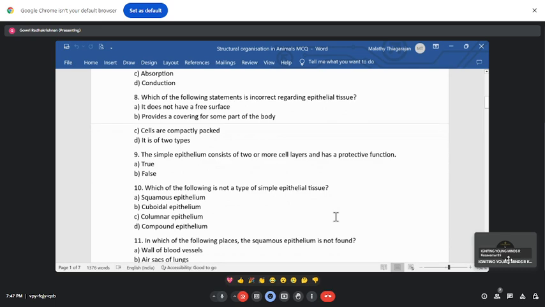Okay, next one. Which of the following statements is incorrect regarding epithelial tissue? Provides a covering for some part of the body?